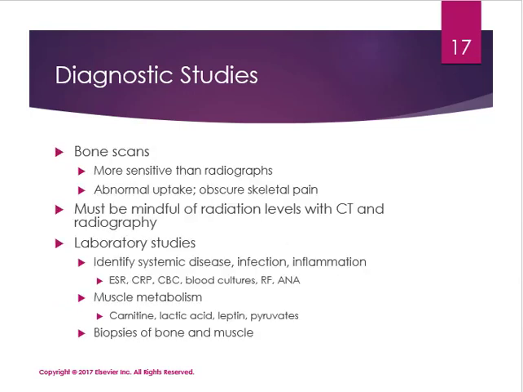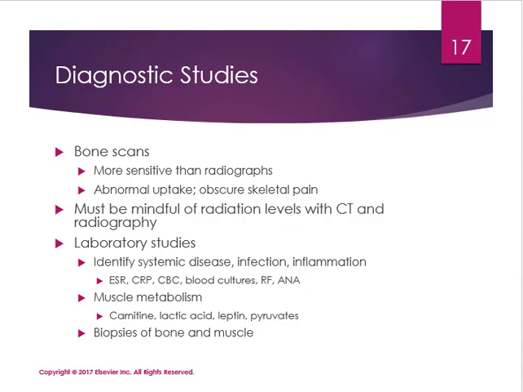Other tests may include bone scans, and they're more sensitive than x-rays, and abnormal uptake is what you're trying to assess, especially if you've got obscure skeletal pain. It's important to be cognizant of levels of radiation when doing CTs and x-rays. Labs that you may want to do if you're trying to identify a systemic disease would be to rule out infection and inflammation.